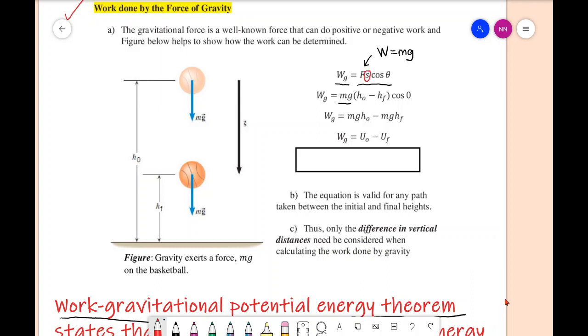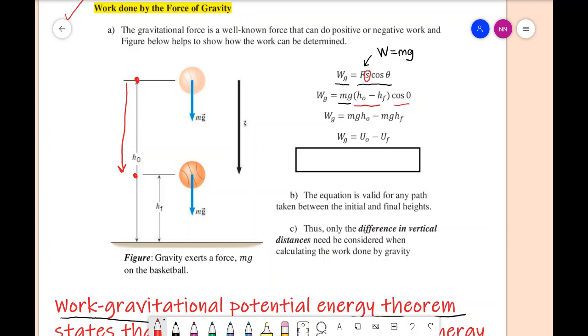If the object moves from h naught to hf, the displacement s becomes h naught minus hf, times cos theta, where theta is the angle between the weight force and the displacement.